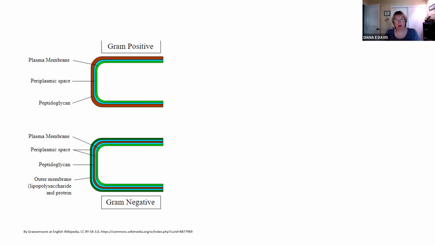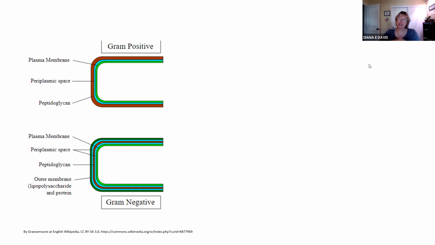The difference between gram-positive and gram-negative has to do with the layers that are outside of the cell or plasma membrane. All cells, our cells, plant cells, jellyfish cells, bacterial cells, have a plasma membrane or cell membrane that holds everything inside and creates that separation between the inside of the cell and the outside world.